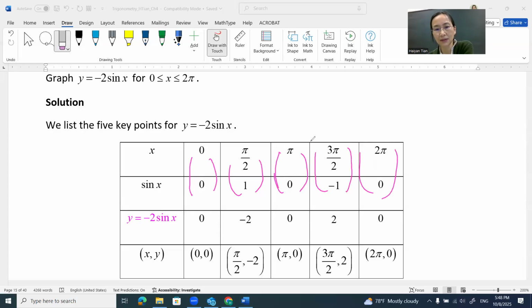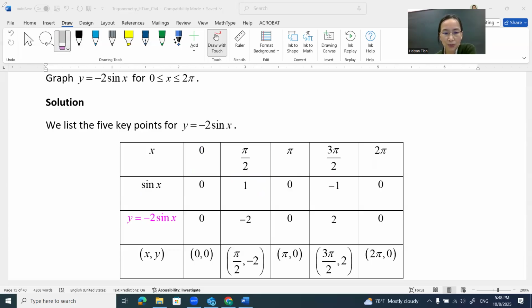Those are the function values for the basic sine over the 0 to 2 pi interval, at those 5 key points.